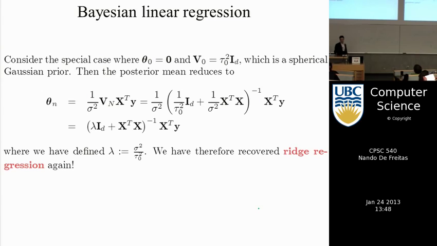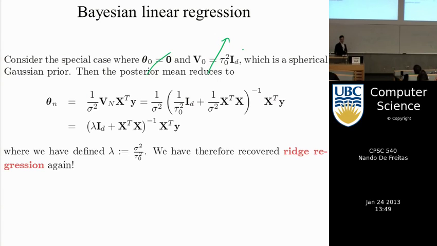Actually, just very quickly, I might as well get done with this. And I promise I will make it go easier next time. If you choose theta naught to be 0, and if you choose this covariance to be diagonal, you get ridge regression. The posterior mean is just a ridge regression estimate. So we recover ridge regression.